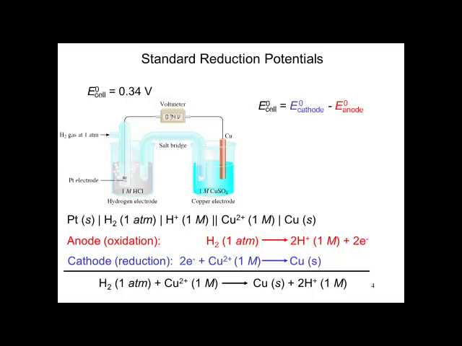Again, E0 equals E0 cathode minus E0 anode. E0 cell is going to be E0 of the copper 2+/copper electrode minus the hydrogen electrode E0, which is 0. So the total voltage of 0.34 is then assigned to E0 for copper 2+/copper.